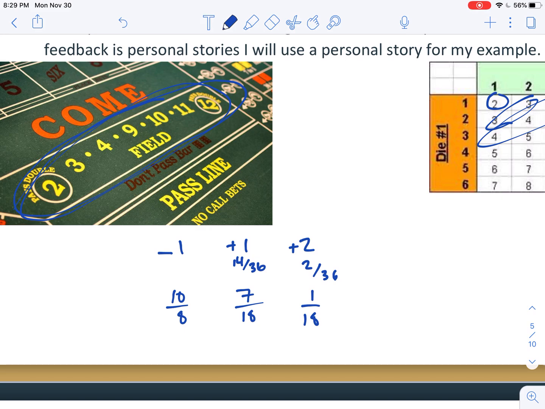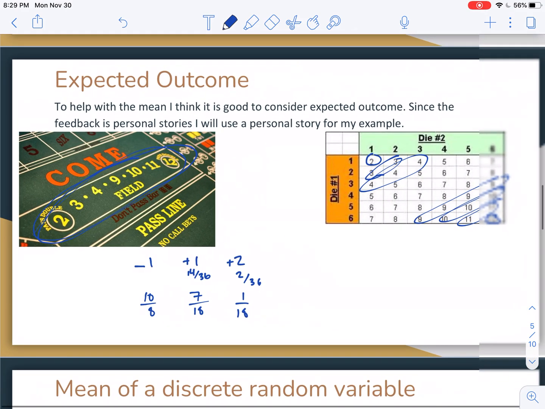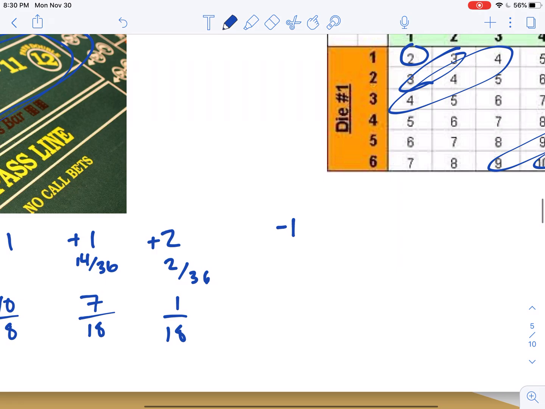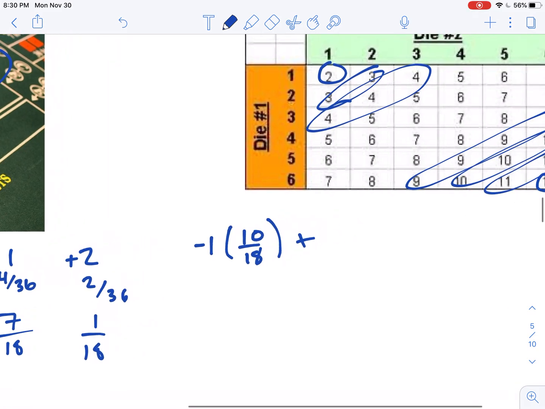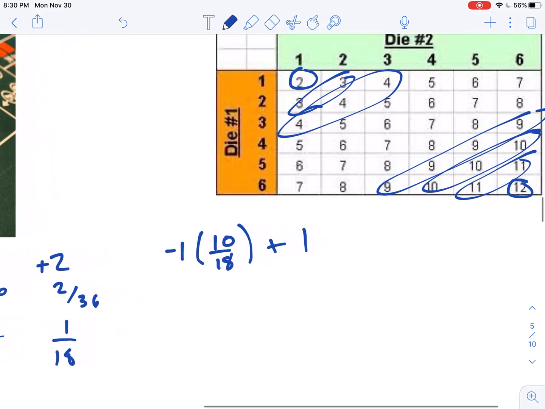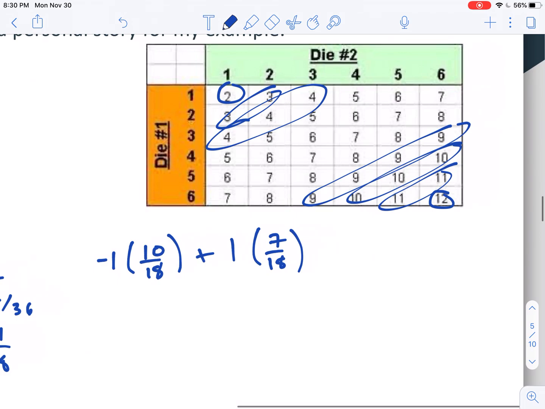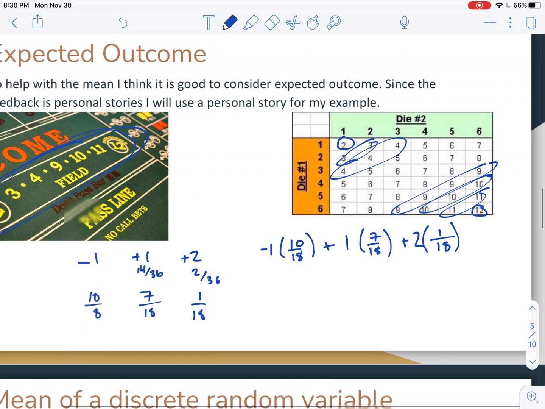So then to figure out the expected outcome, the expected value of this, I multiply the amount of money I can make by the probability of it occurring, and I add up all of those numbers together. I'm actually going to do this as some fraction math here.